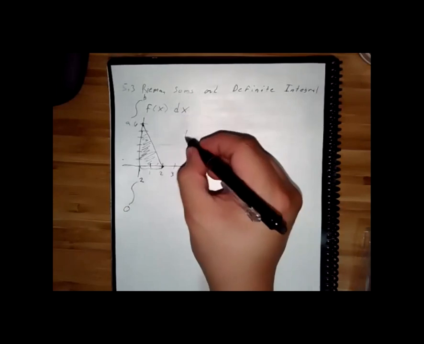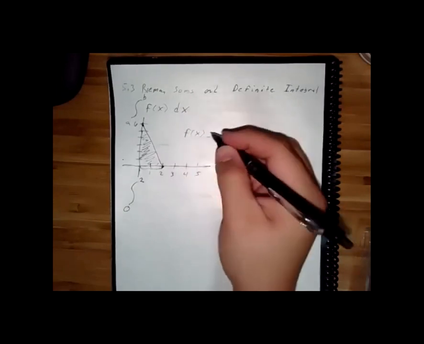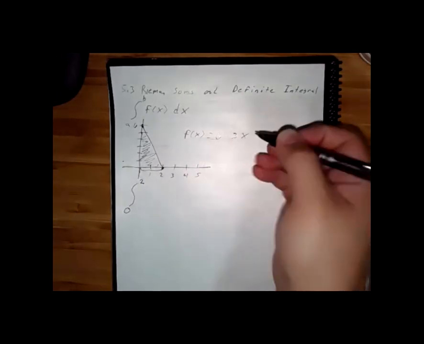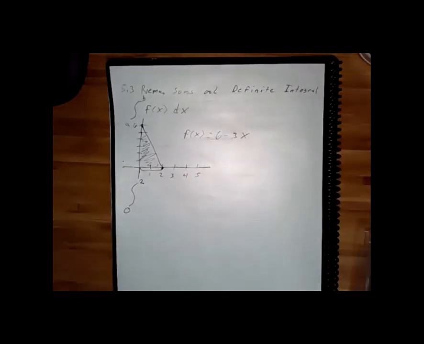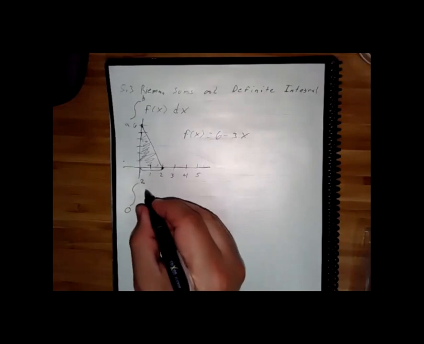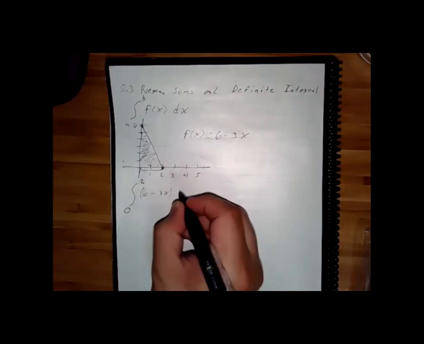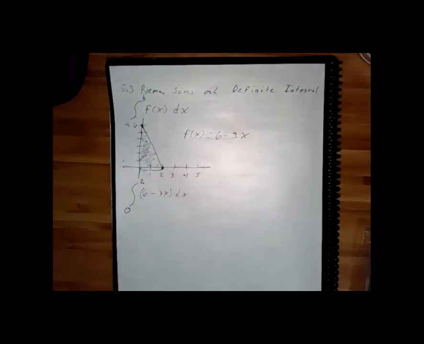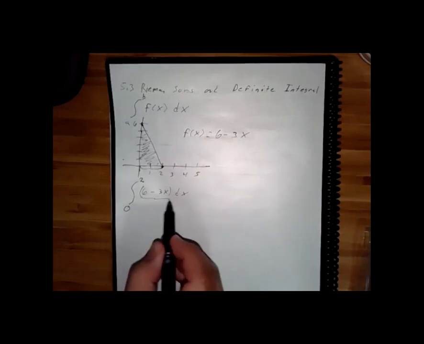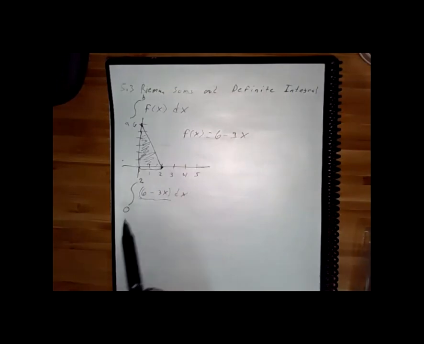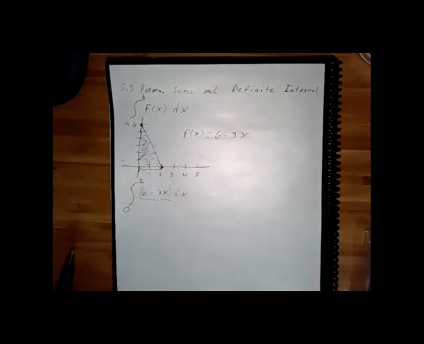And then they have to tell you what the function is. The function is going to be 6 minus 3x. So this is from the homework example 1. So your homework problem would be 6 minus 3x dx. So they would ask you what goes in here. Well, that's your function. Then they're going to ask you, how far are we going? You say from 0 to 2. That's all you got to do.